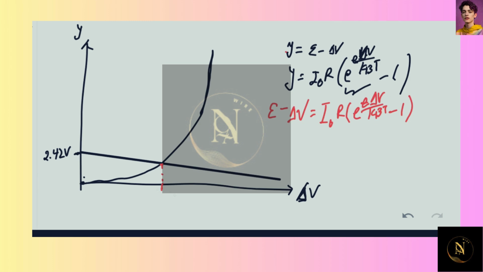We just take this delta V, and with the calculator, we should identify this delta V to be about 0.2 volts.